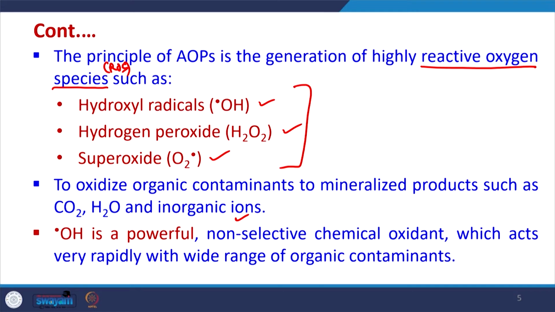Among them, the OH radical is a highly powerful, non-selective chemical oxidant. Non-selective means it will oxidize anything and everything. So, every type of organic compound it will try to oxidize. So, it is not selective, which means we are able to oxidize anything which is present in the water.